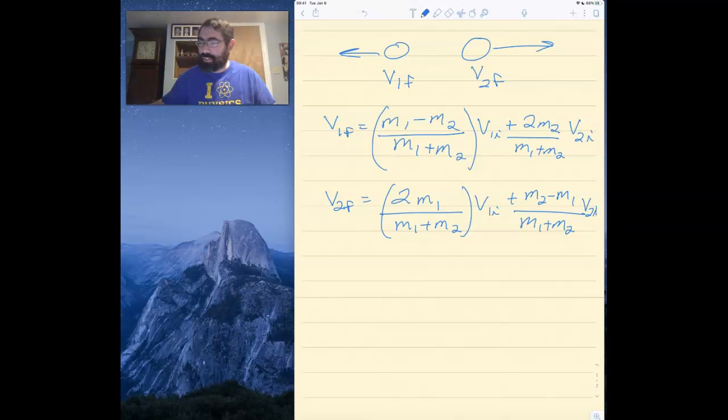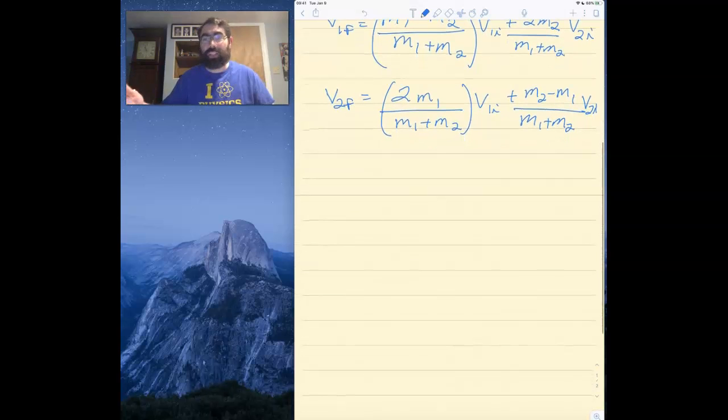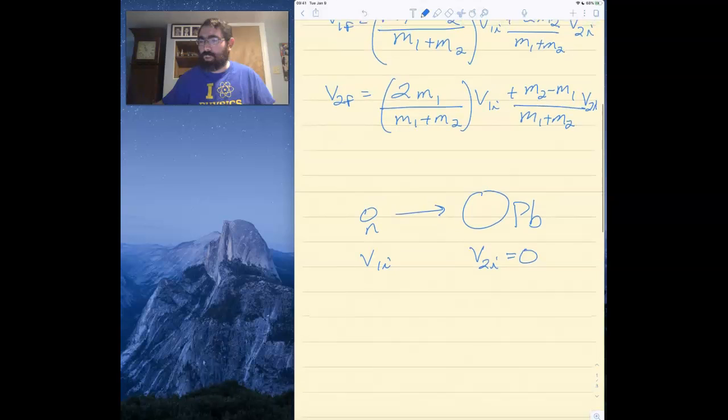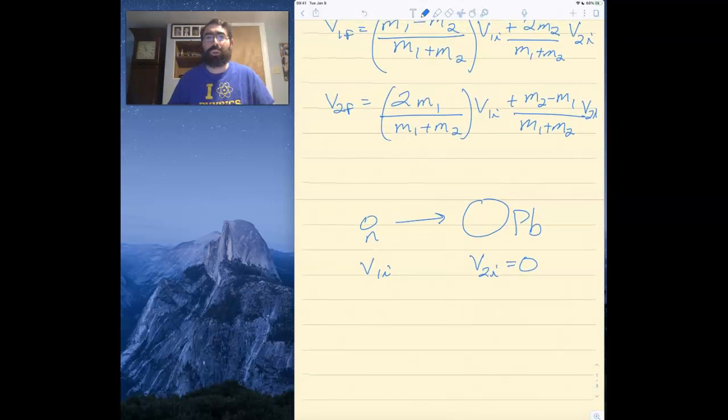I could take a neutron and collide it with a big lead nucleus. Let's say that lead nucleus is at rest, with a speed of 0. The neutron has some initial speed v1I, and I want to find the neutron's speed v1f after the collision.